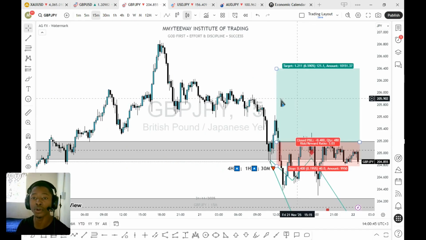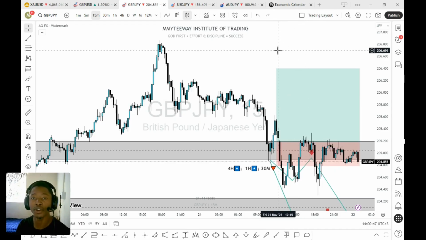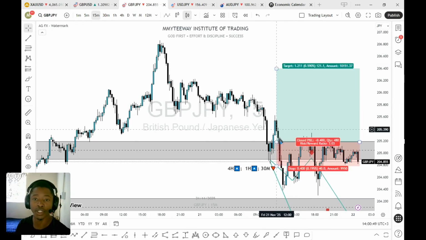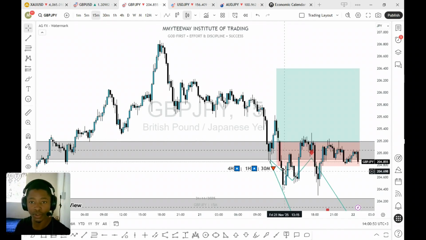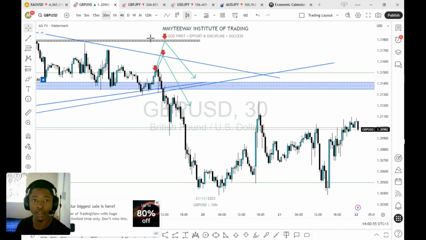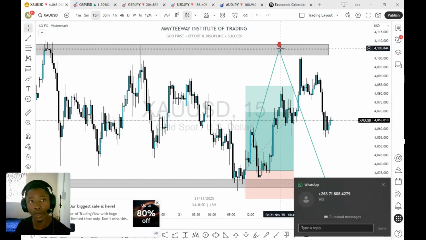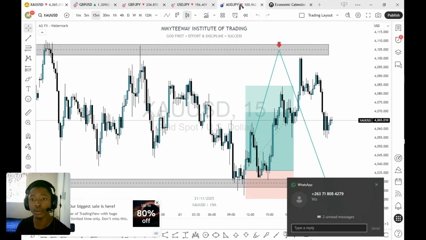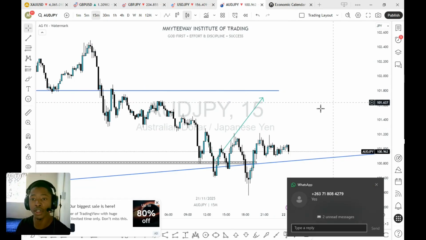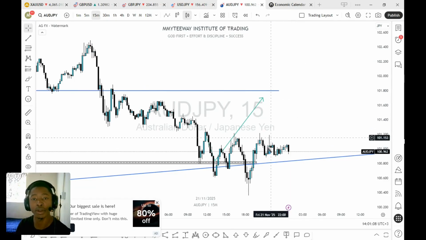I was waiting for those moves to happen in the New York session because I took this trade in the London session. So in the New York session, I was waiting to sell on GBP JPY, sell on GBP USD, sell on JPY USD, and on AUD JPY, I was looking for a buy.